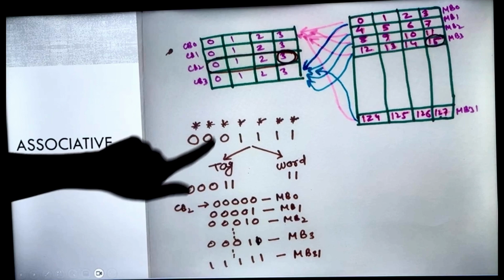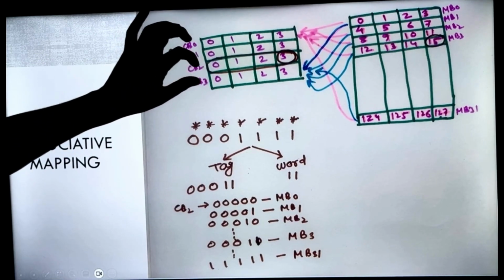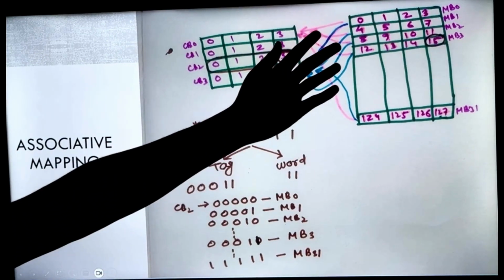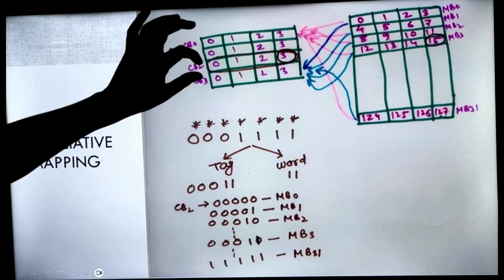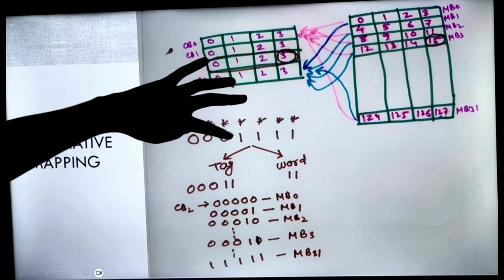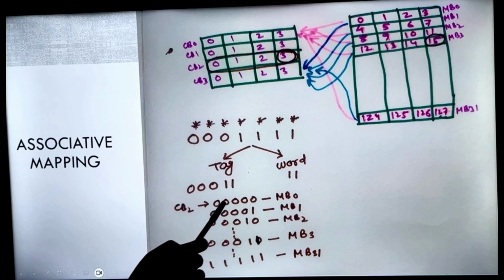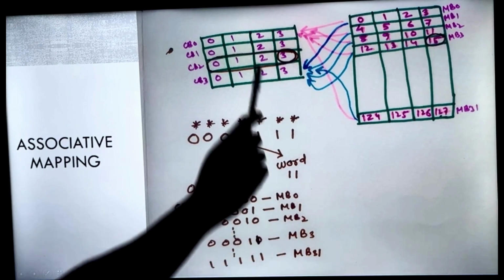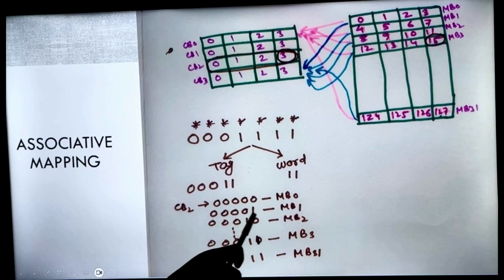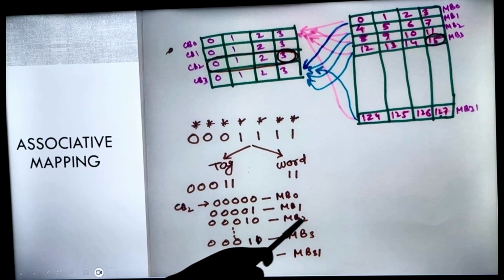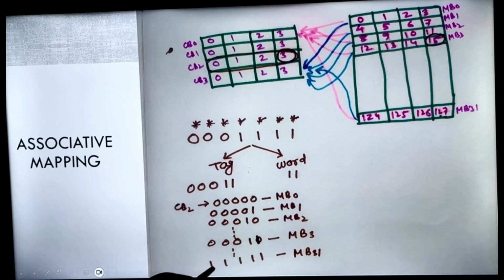And in this block CB2, I can have any number of MBs, right? I can have MB0, MB2. How will I make sure that this is MB3 only, not MB0 or MB1, from this tag? If this tag is 00000, you have to know that MB0 is present. If it is 00001, MB1. Next 00010 means MB2, 00011 means MB3, and all 1s means MB31.